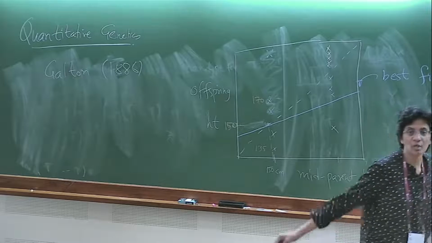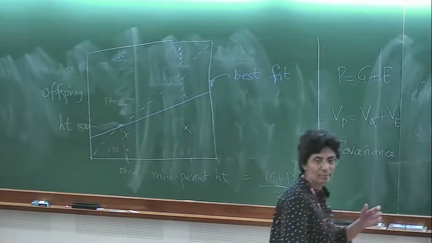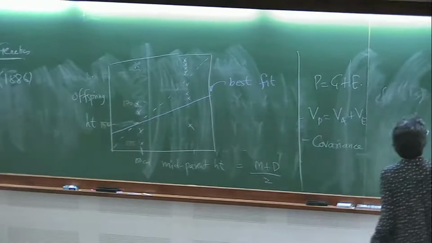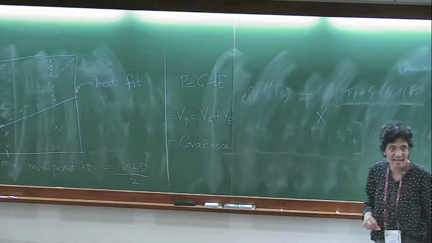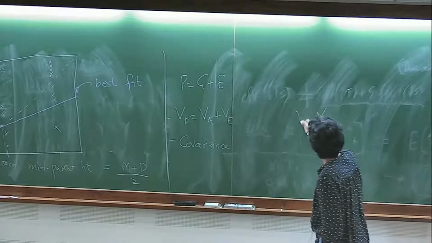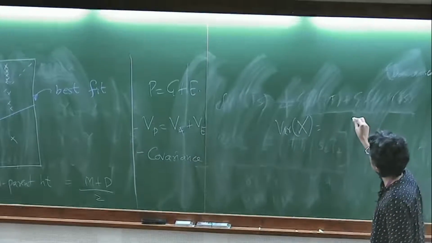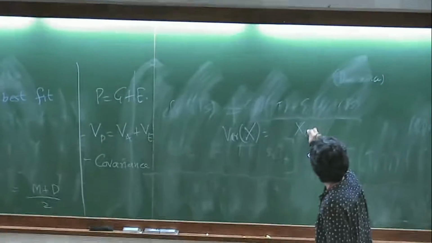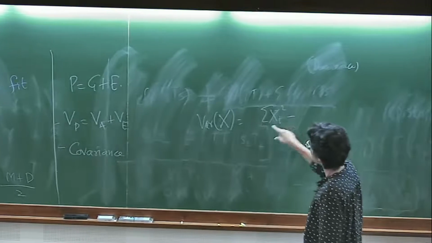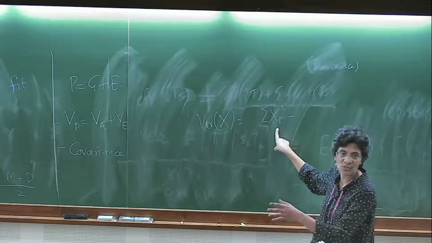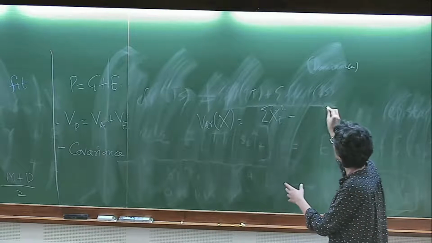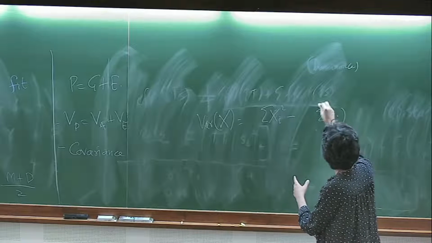Everybody understand what's the covariance? People know what's the variance, right? If I have some random variable x, the variance is the summation over x1 squared, x2 squared, and so on, minus the average squared.